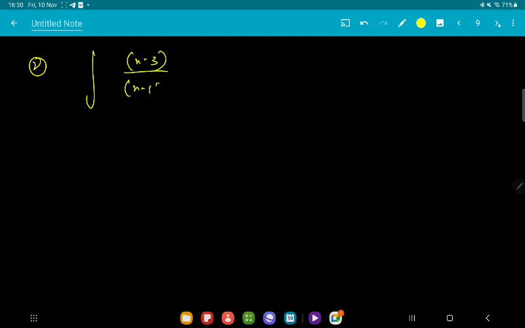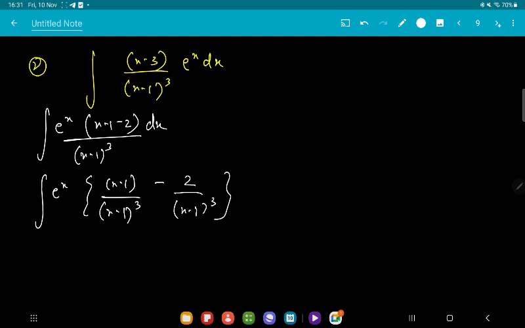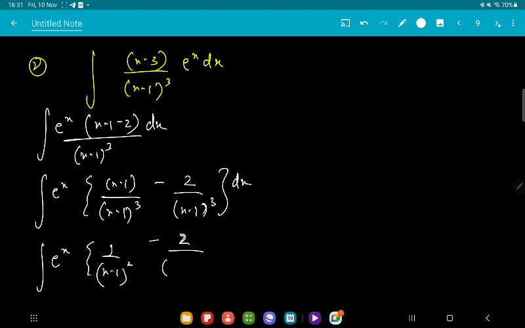x minus 3 over x minus 1 cube, e to the power x dx. So how we will solve this? e to the power x, x minus 1 minus 2 over x minus 1 cube dx, here it is. e to the power x, so you have to keep in mind that formula. Take the LCM. Here e to the power x, 1 upon x minus 1 whole square minus 2 upon x minus 1 cube.